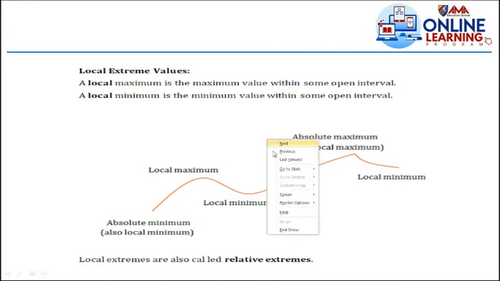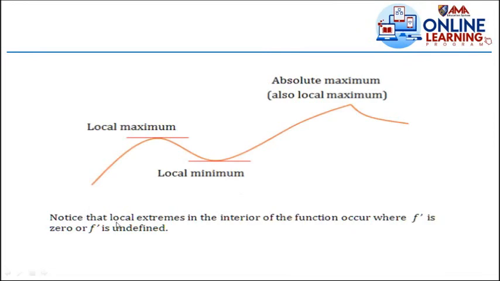So if we're going to look at our figure, notice the local extremes in the interior of the function occur where f prime is 0 or f prime is undefined. So this is your local maximum, local minimum, this is your absolute maximum or local maximum.